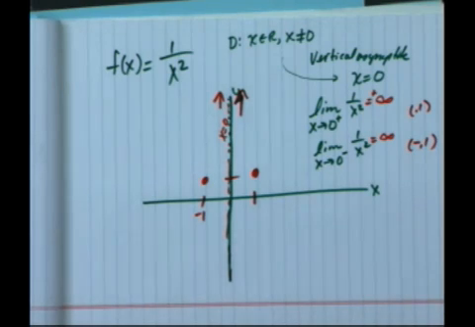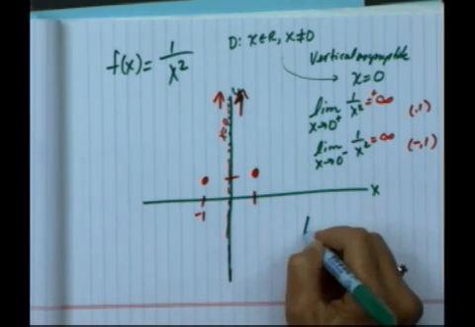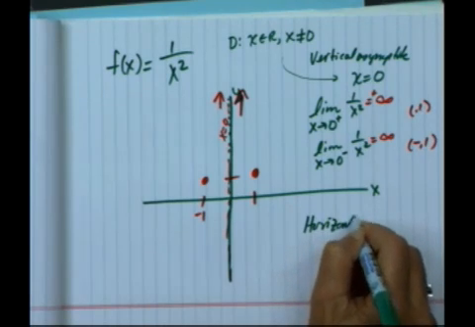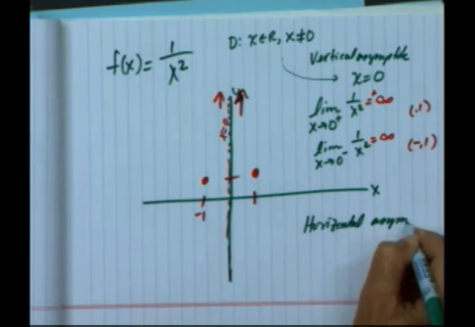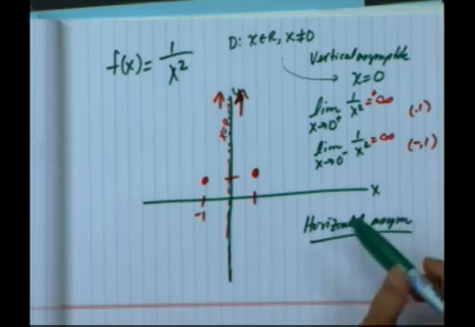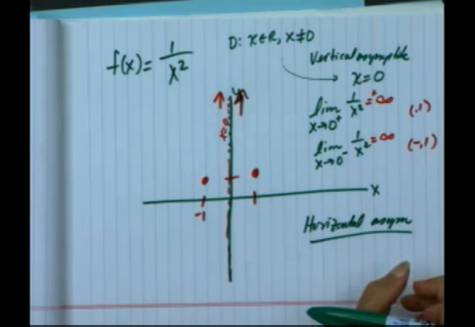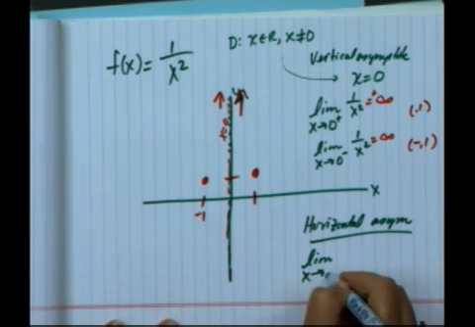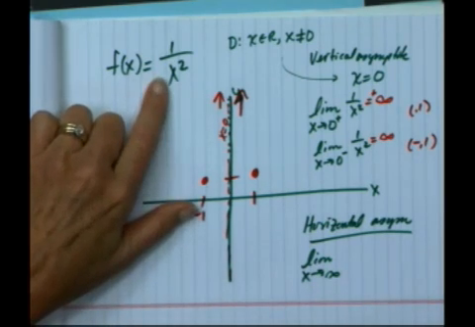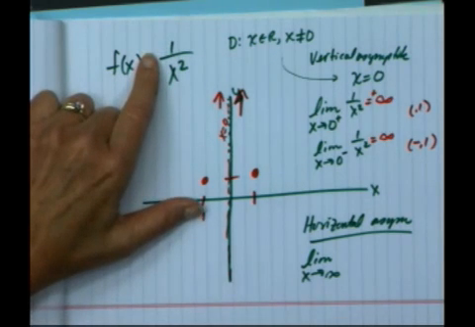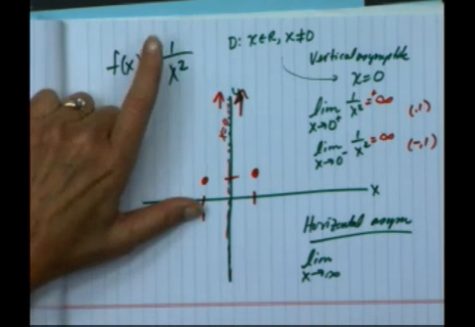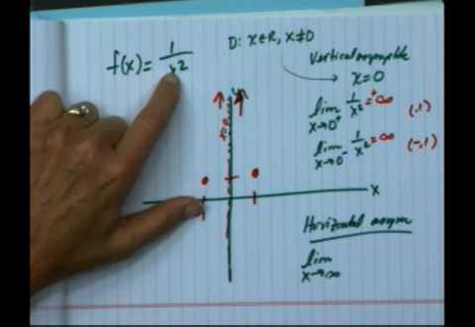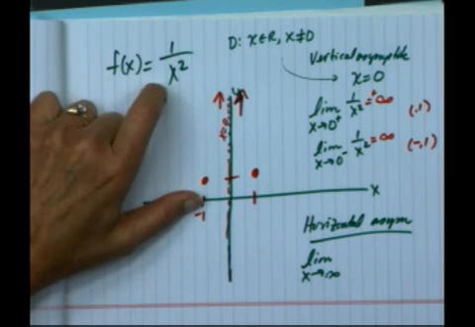All right, now let's check out what we think about a horizontal asymptote. A horizontal asymptote says as x gets really, really big, what does the y value get really, really close to? Well, just put in a number like 100 and think of this in terms of food, this part of a pie. 1 over 100 squared, that's 1 over 10,000, and you only got 1/10,000th of a piece of pie.